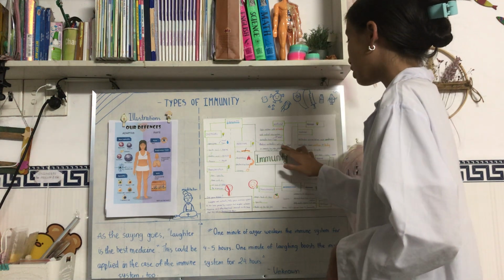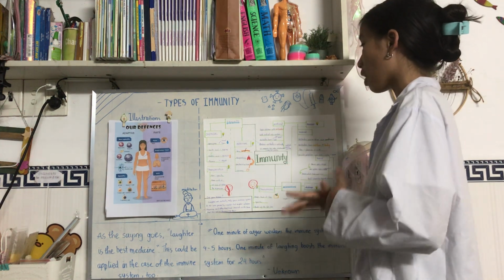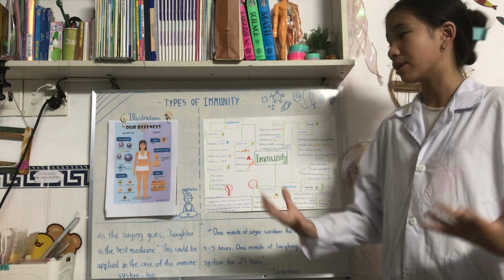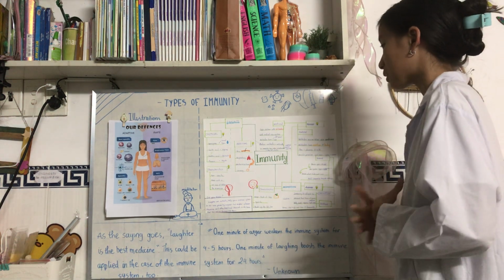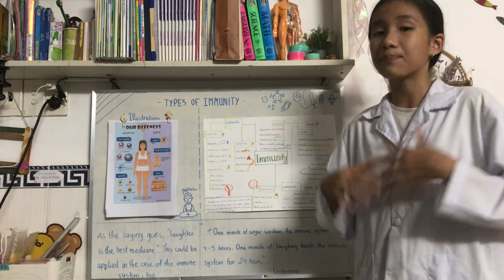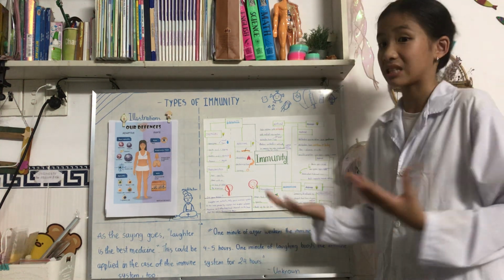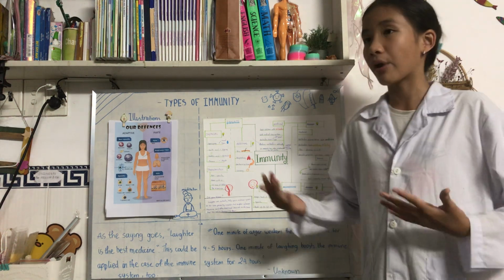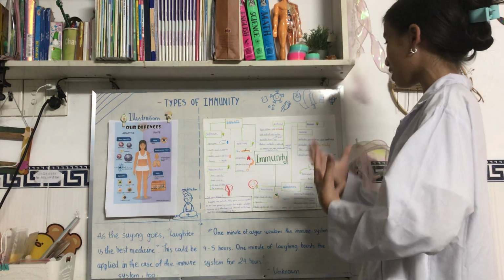They can produce antibodies artificially, and it will provide immunity from animals that have rabies, bites from animals that have rabies, for example, dogs or cats, or even from a snake bite, for example. It will provide that immunity from that.